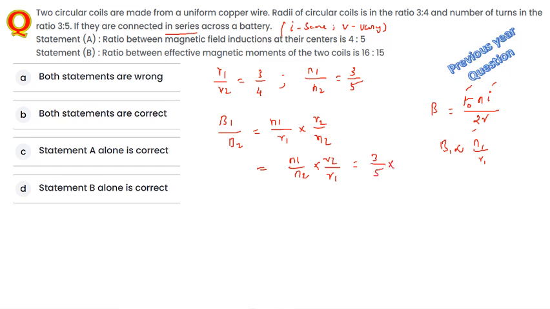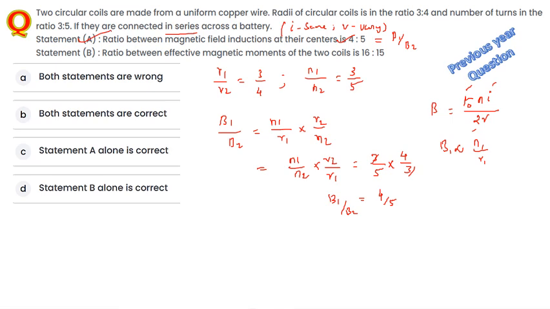And r1 by r2 they have given 3 by 4, but what you need is r2 by r1, so I mention it as 4 by 3. So 3 and 3 will be cancelled, and the answer is 4 divided by 5. So B1 divided by B2 is equal to 4 by 5. So statement A is correct.